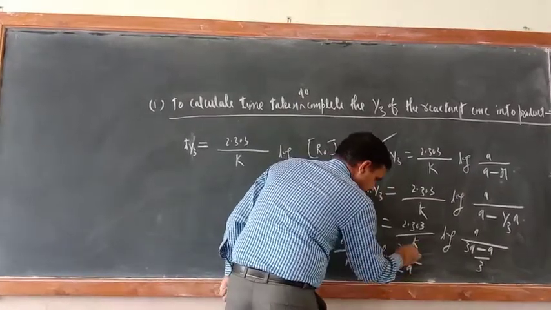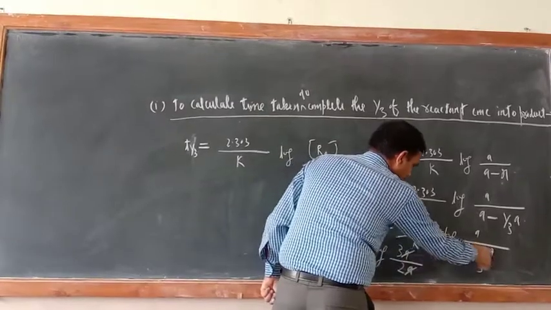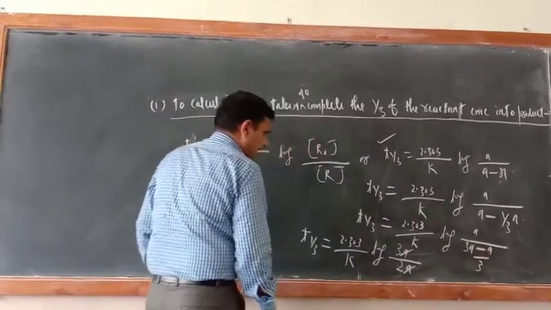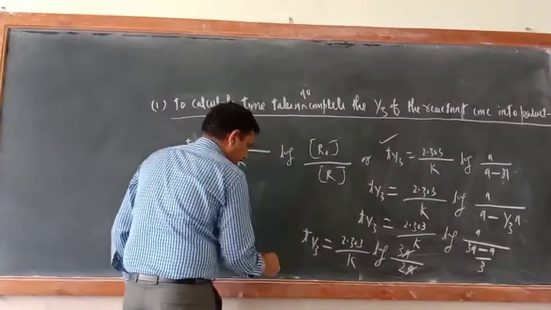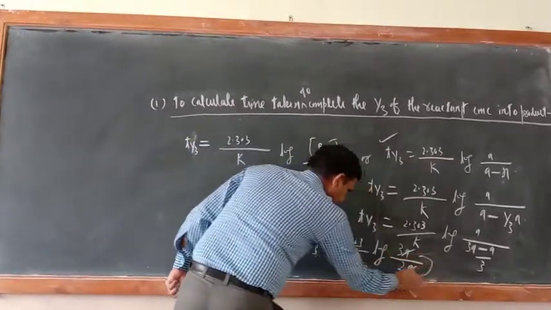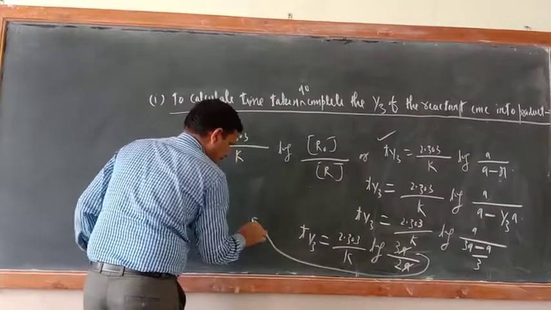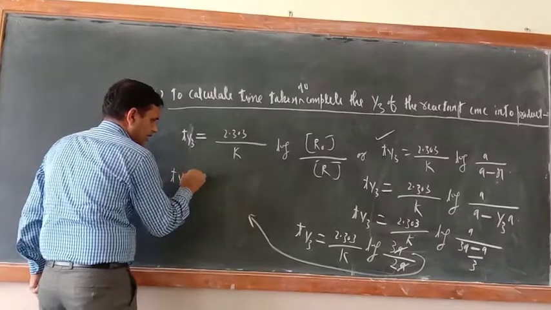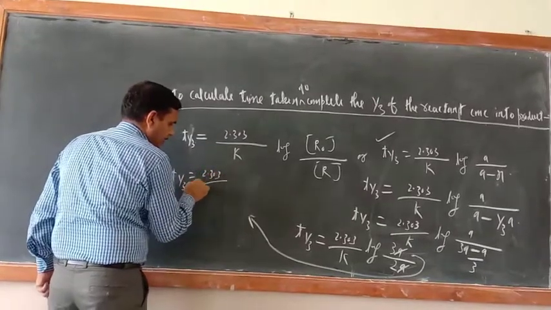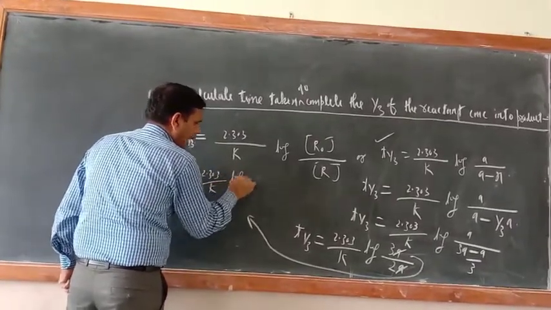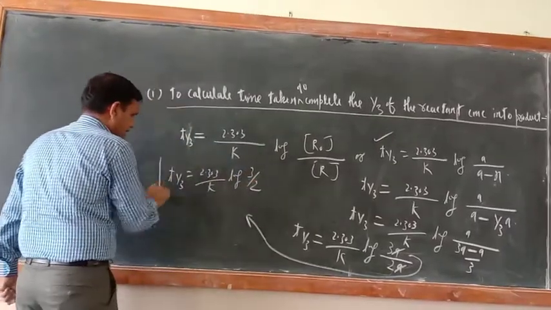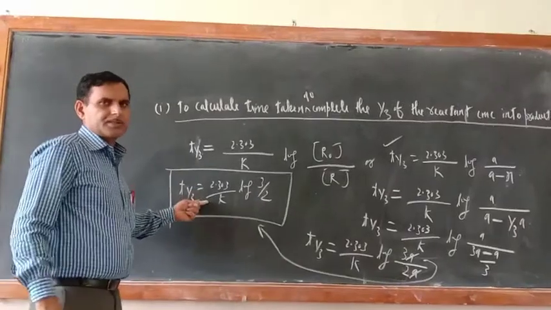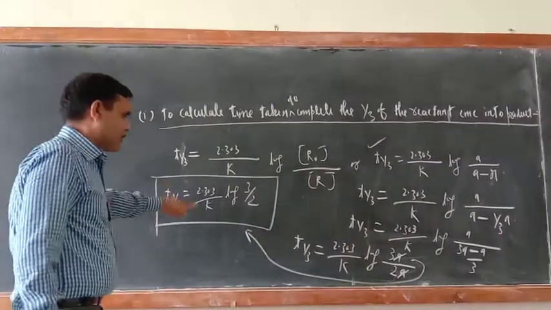So this A and A cancel, 3A minus A equal to 2A, and this 3 will go up. So ultimately we will have t 1/3 equal to 2.303 by K log 3/2. This is our final equation. I hope that you have got it.